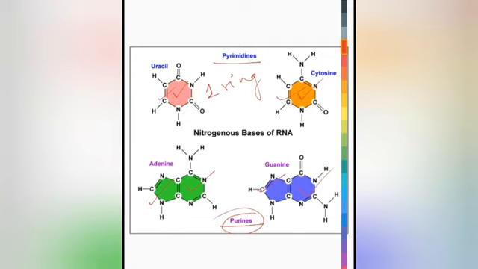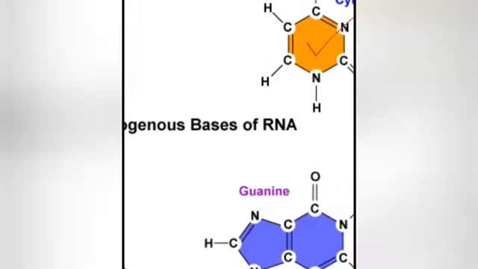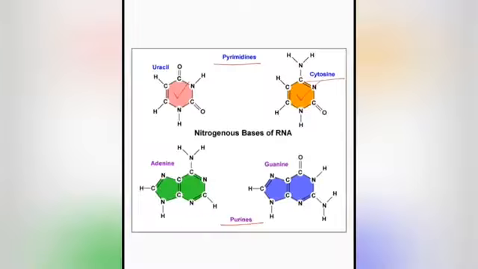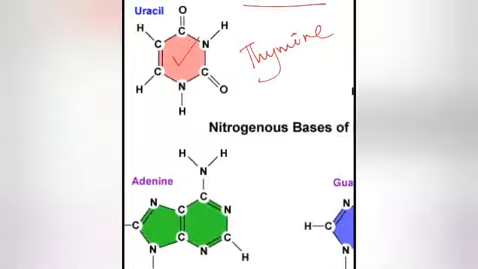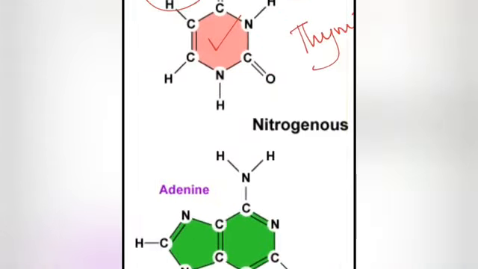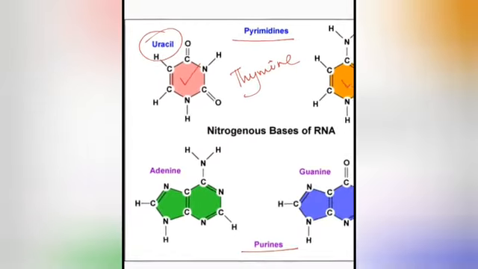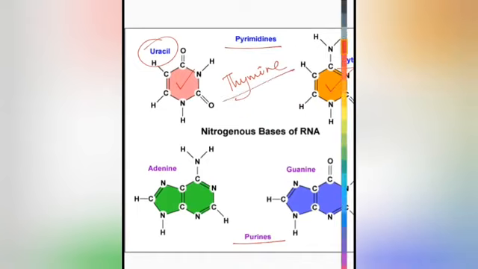And what are the pyrimidines? The pyrimidines are cytosine. Next, another one will be thymine. And that one present in RNA instead of thymine is uracil.